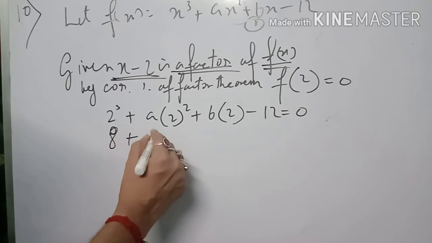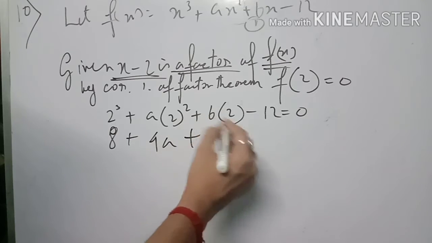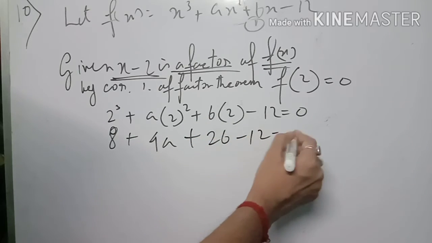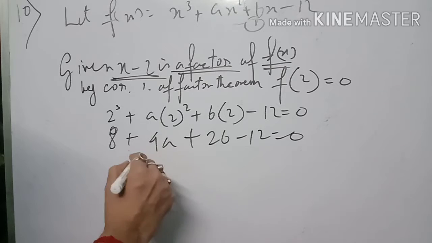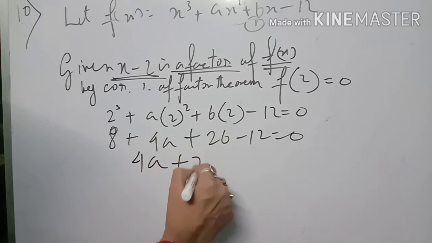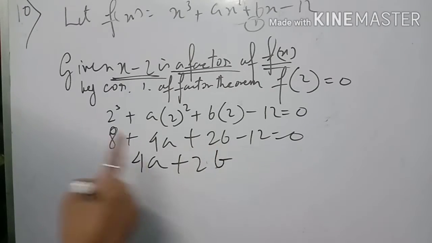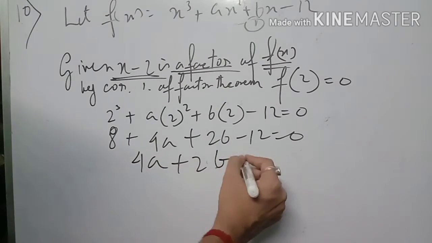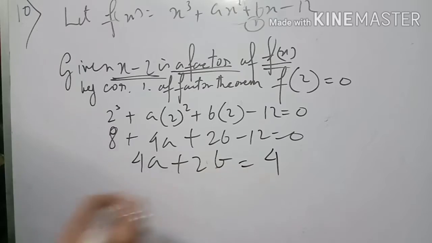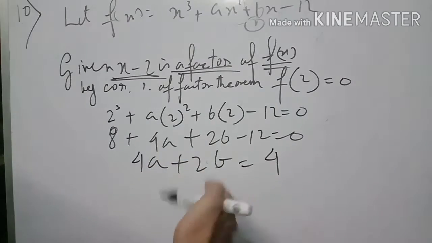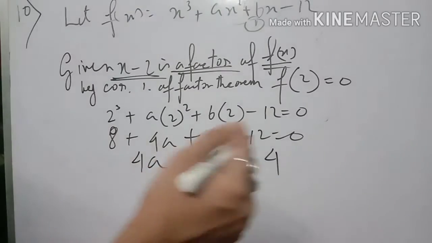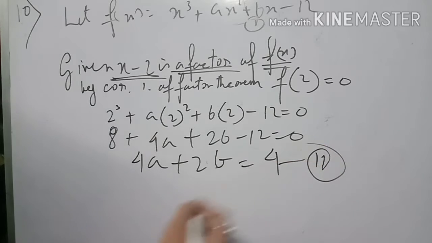It will become 8, 4a, and 2b minus 12 equals 0. Ultimately we are going to get 4a plus 2b equals 4, since 8 minus 12 is minus 4, and going to the other side it becomes plus 4. We take it as equation number 2.